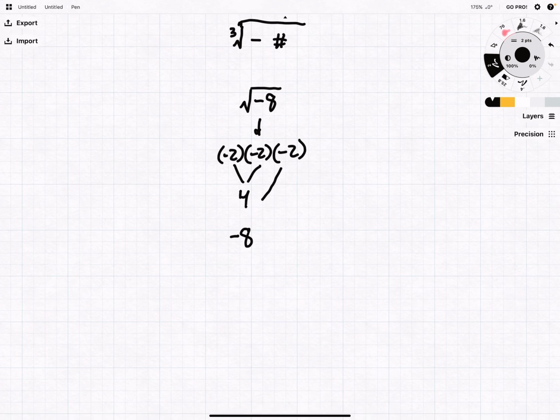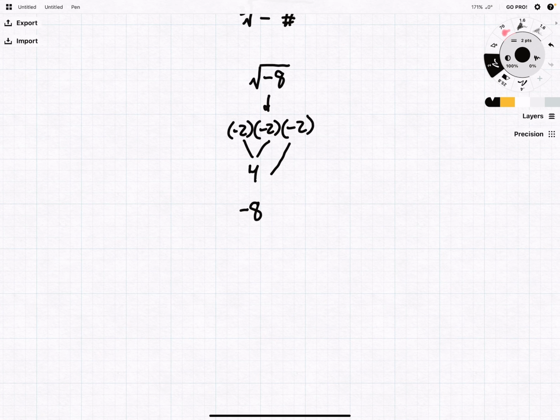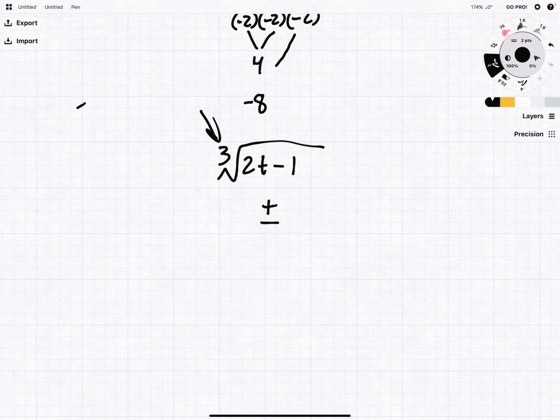And so, with that said, because there's no fraction in this problem, there's no numerator, denominator, it's just a simple cubed root of 2t minus 1, well, if it's okay to have both positive numbers and negative numbers underneath this radical, because of the 3 here, then really it's just going to be all real numbers for our domain. You could use any number, and that will be a perfectly suitable domain.